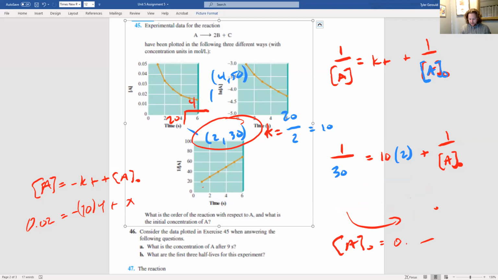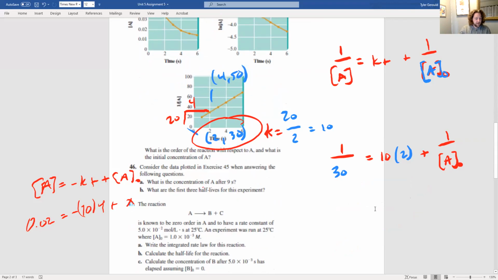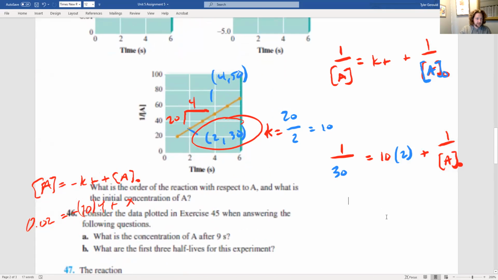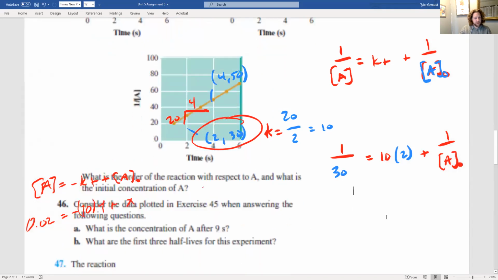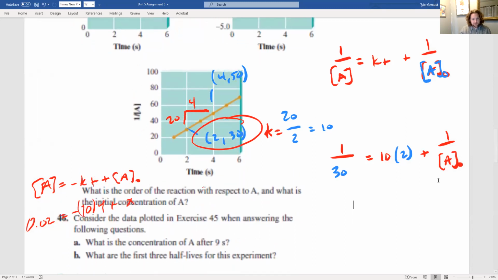We got to be careful with these graphs because the data given off the graph is based off the axes, of course. While the value on the graph is 30, this 30 represents 1 over the concentration.